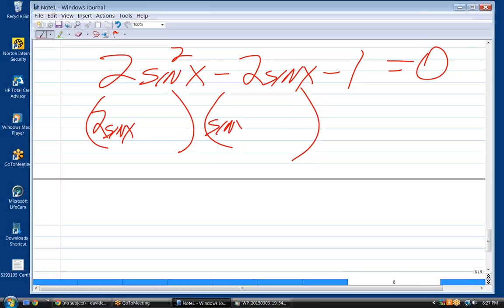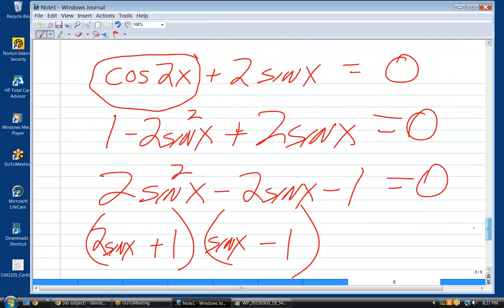You factor it just like you would factor 2x squared minus 2x minus 1. Okay. Let's see, the minus doesn't factor nicely though. No, it doesn't factor nicely, does it? Is that the right identity for cosine of 2x? Here, let me look it up.